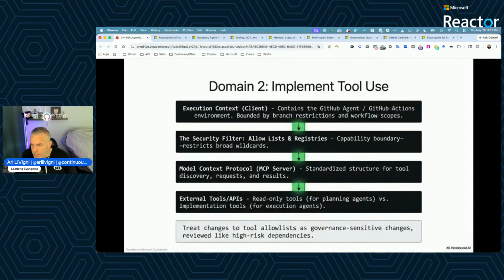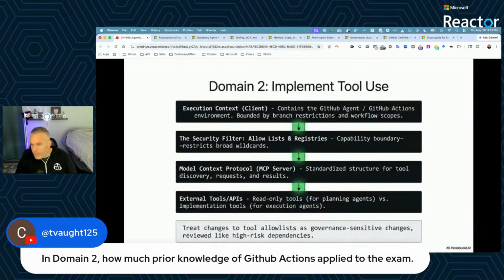How much prior knowledge of GitHub Actions applies to the exam? I would say be familiar with GitHub Actions. I don't think you need a deep understanding of GitHub Actions. I would say look at anything that touches where agents touch Actions. So maybe evaluating the workflow, fixing workflows, or explaining an error in the workflow.